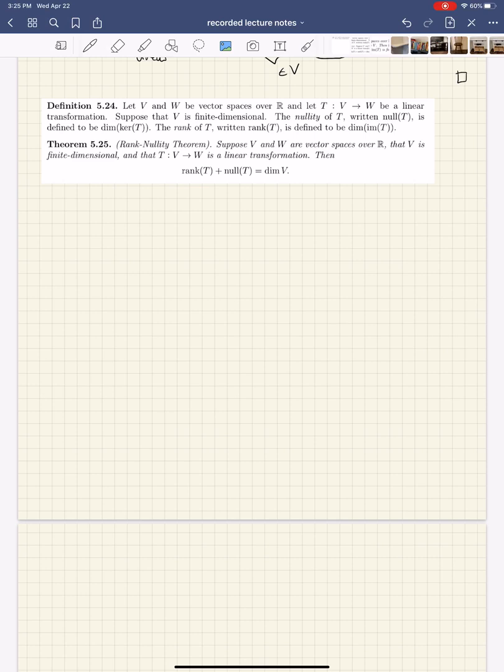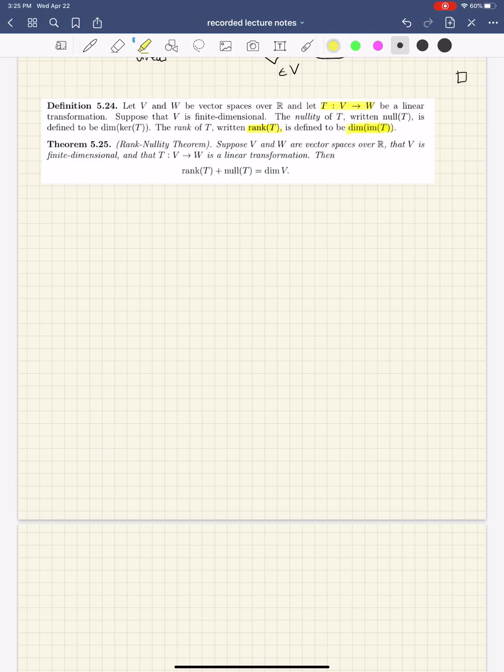So if we have a linear transformation from one vector space to another, and we suppose that the domain is finite dimensional, in this case the codomain could potentially be infinite dimensional. Well, if the domain is finite dimensional, then we've just shown that the image has to be finite dimensional. So we let the rank of T be the dimension of this image, which is well defined.